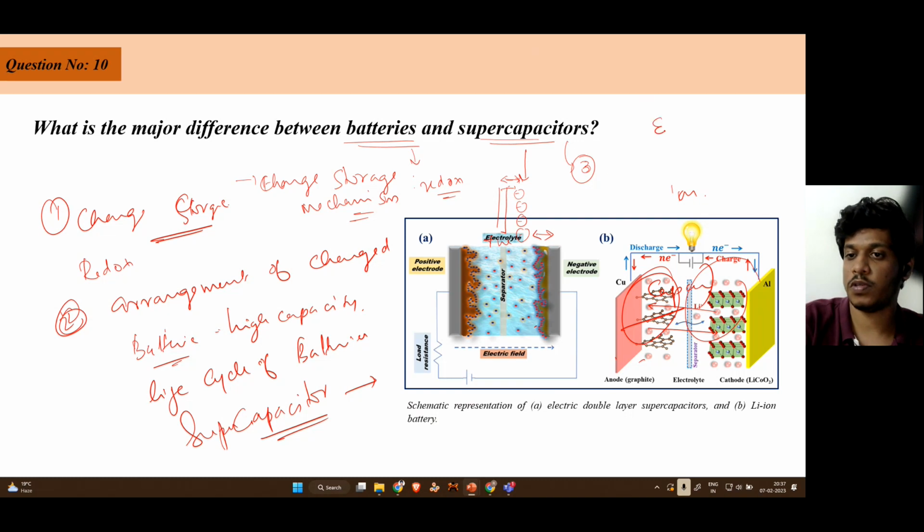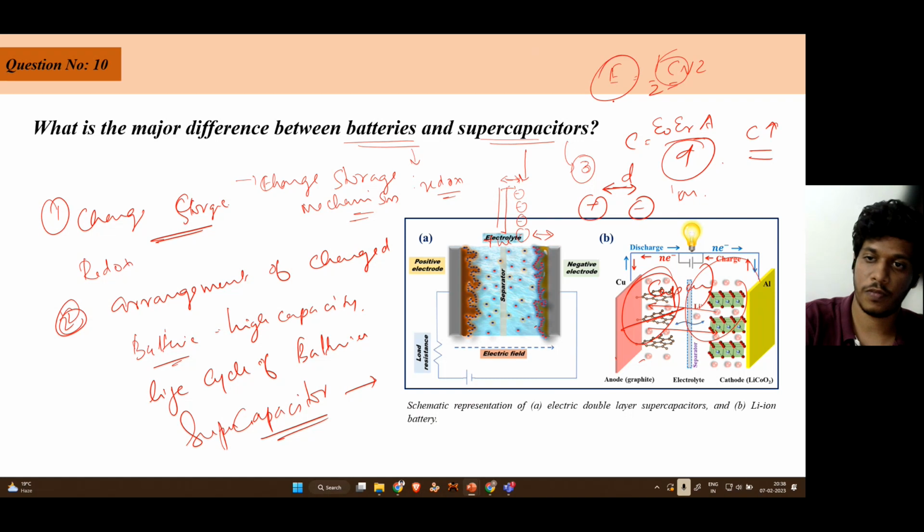For example, we know capacitance C equals epsilon 0, epsilon r, A by d. If d, the separation between the positive and negative charges, is very small, the value of C goes higher, and the energy can be calculated as half CV square. And if C is higher, the energy is obviously higher.